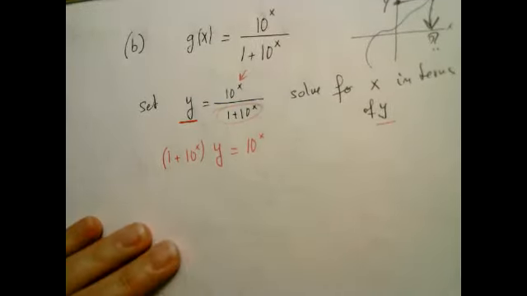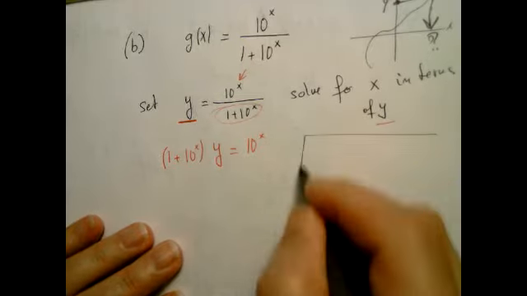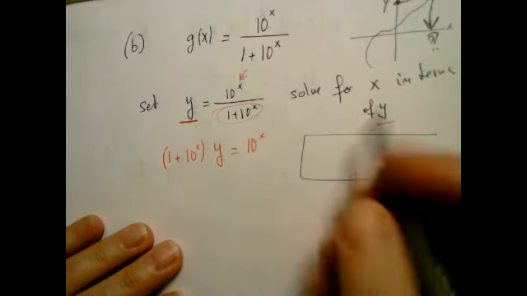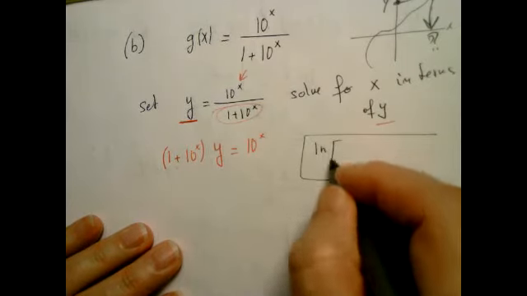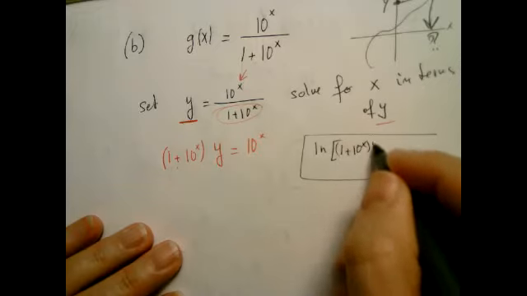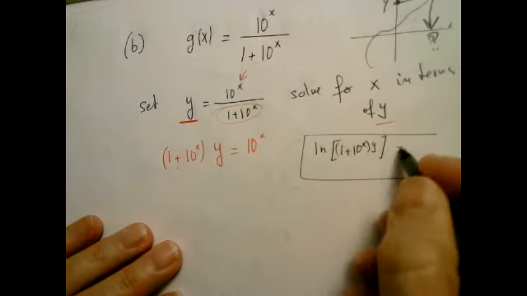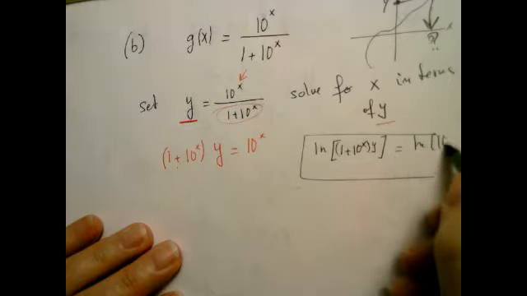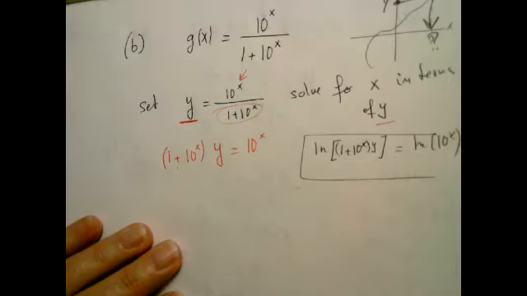Oh, if I take the log of each side, it actually gets me nowhere. Why does it get me nowhere? If I take the log of 1 plus 10 to the x times y, you know, when we do the operation, it has to get me somewhere.